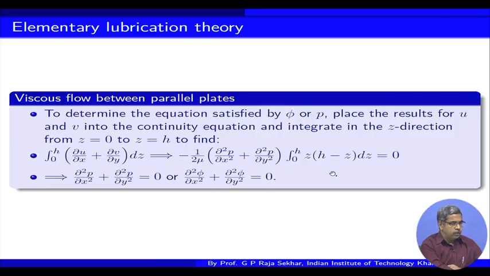This gives additional flexibility in case of lubrication approximation. You need not solve the complete component equations. It is enough to solve one velocity potential, which is a scalar equation. Once you get the solution, we get the corresponding velocity, and then we can integrate for getting the pressure.